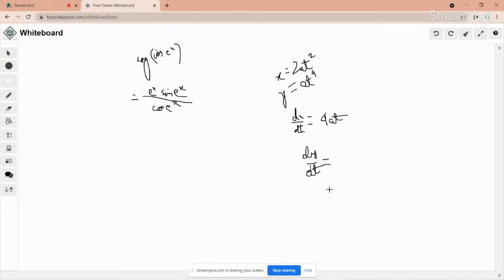So 80 to the power 4 will be 480 cube. Then we have to divide it, and the answer we will get is t squared. Let's see. dy dx is equal to 480 cube divided by 480.